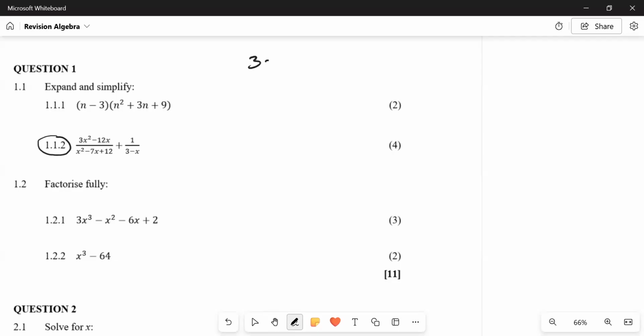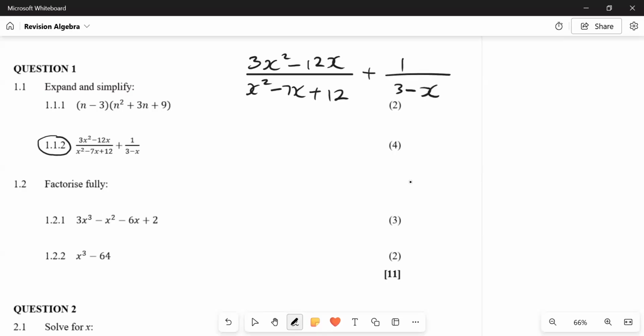So they gave us 3x squared minus 12x over x squared minus 7x plus 12, plus 1 over 3 minus x. 1.1.2. So I saw that when it comes to fractions, most of the learners are struggling. So hence I've decided to start with fractions, basically. So now, how do we go about simplifying this question?